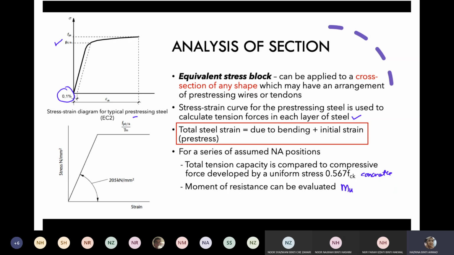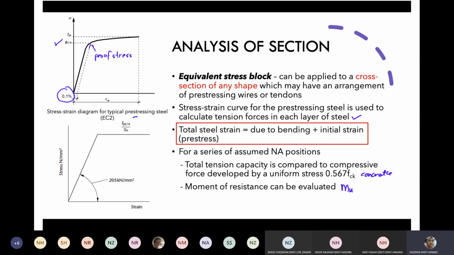However, for pre-stressing steel, the offset value is 0.1%, which is known as the proof stress. We consider that at this point the pre-stressing steel yielded, so this will be the yield point.